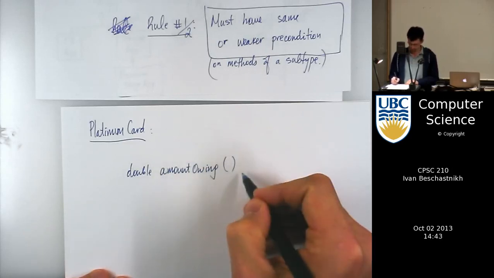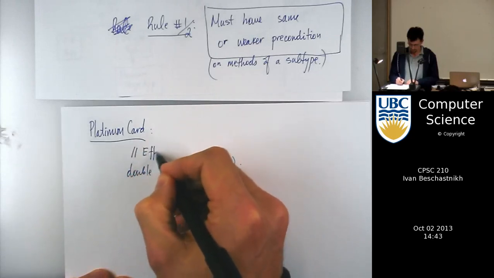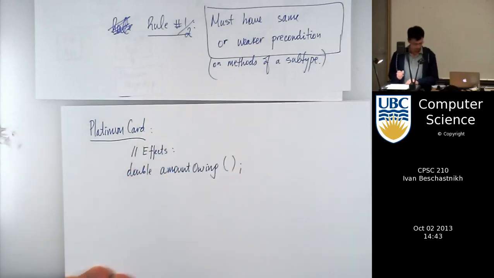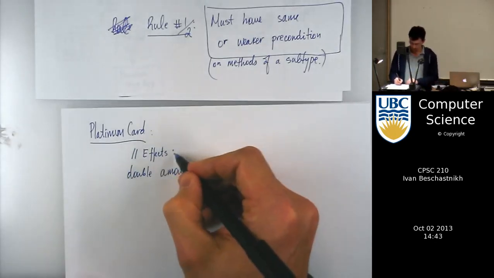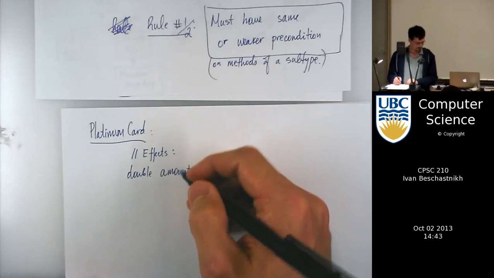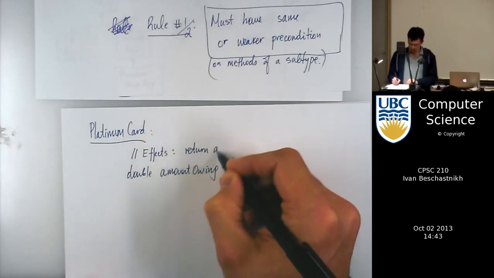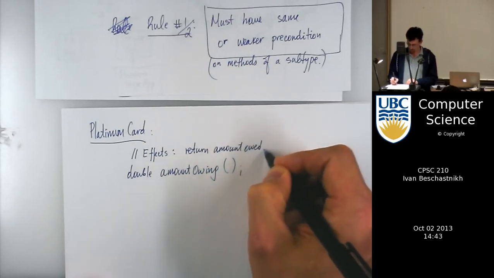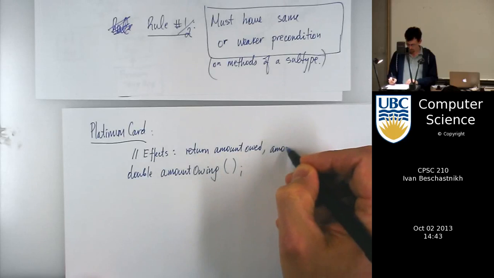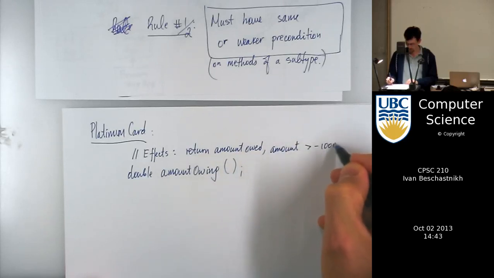Doesn't take anything. But the postcondition I want on my platinum card, because it is so special, is to return the amount owed, and I want this amount to be greater than -1,000.